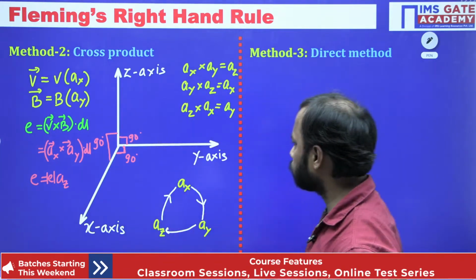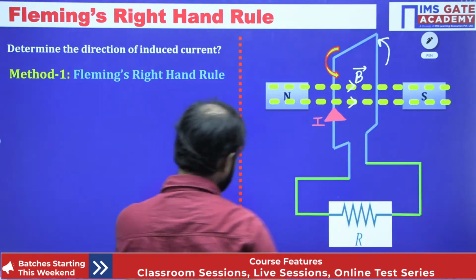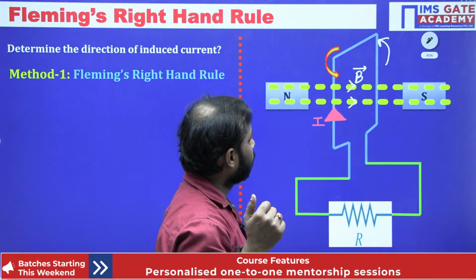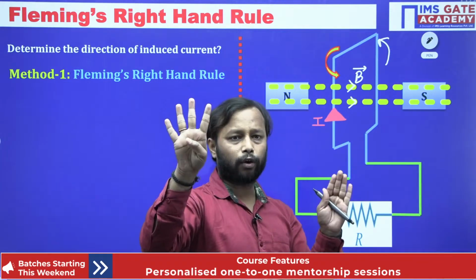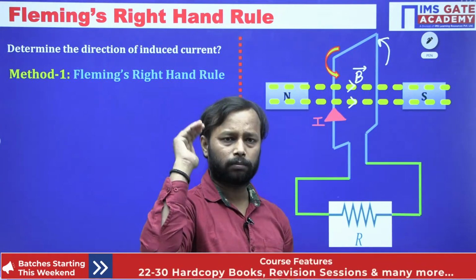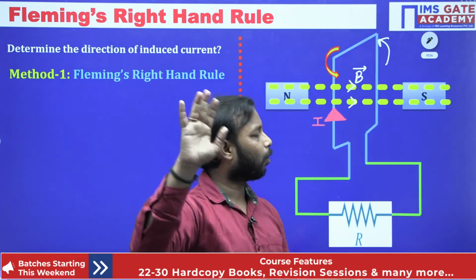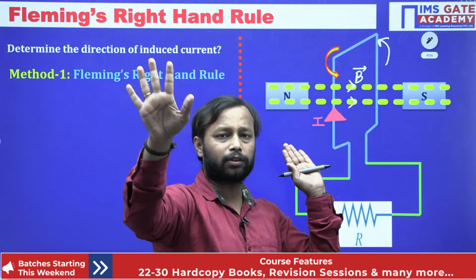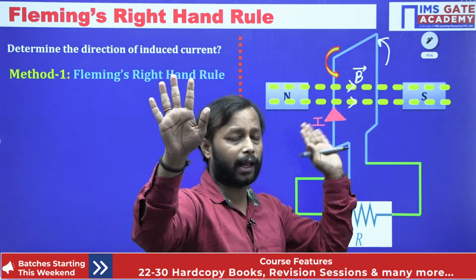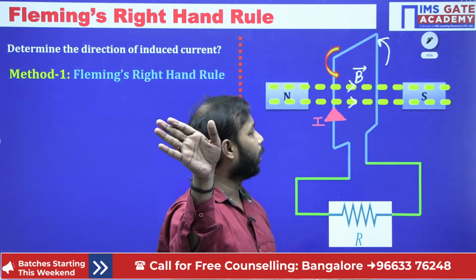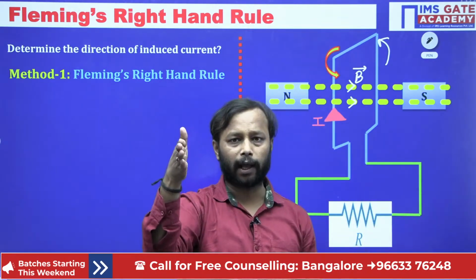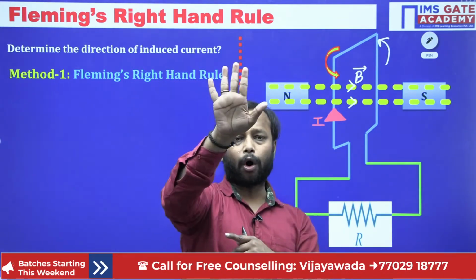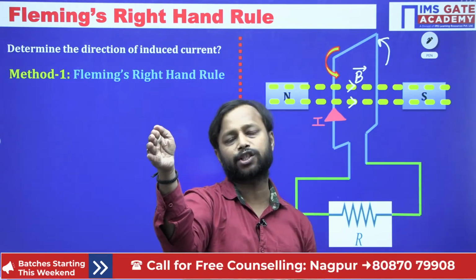How are we going to use it? Use your right hand and place the complete fingers of your right hand in the direction of velocity. First, all fingers of the right hand should point towards the direction of velocity, isn't it? So it is moving outward like this. Then all the fingers have to be curled in the direction of the magnetic field.